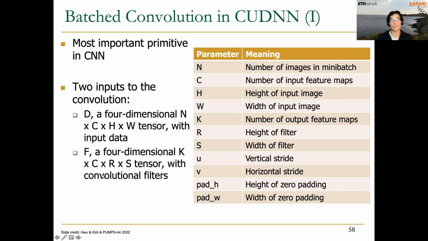And then we also have the tensor for the convolutional filters. That is also a 4-dimensional tensor of K by C by R by S, being K the number of output feature maps, C the number of channels, the number of input feature maps, and R and S the dimensions of the filters, the height and the width of the filter. Remember that we called them K1, K2 in the initial slides of this lecture.